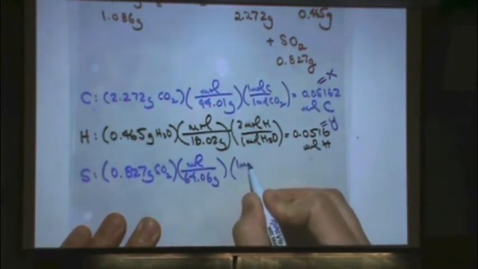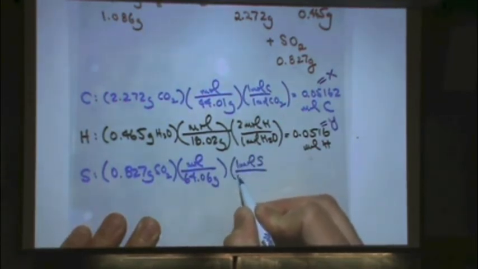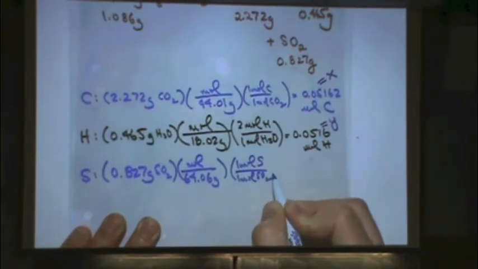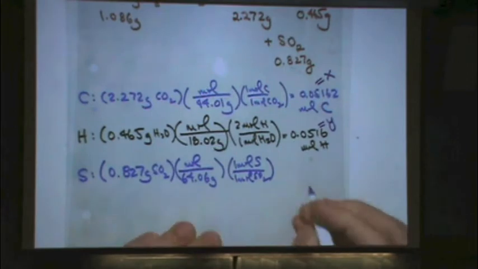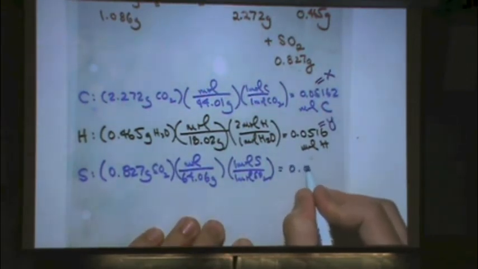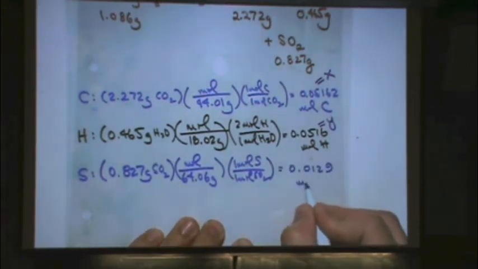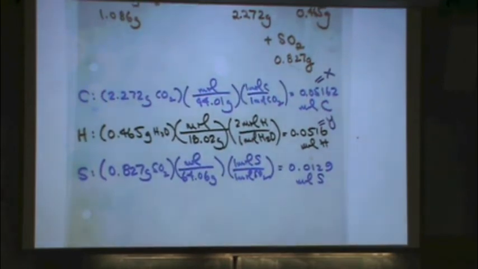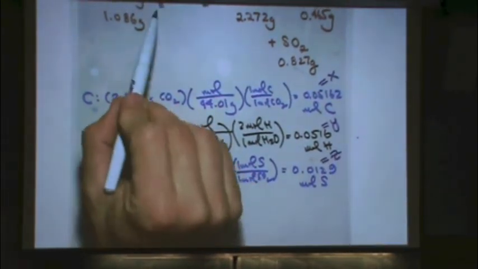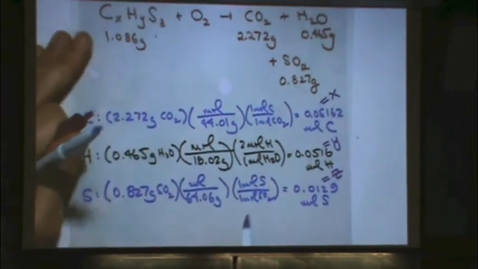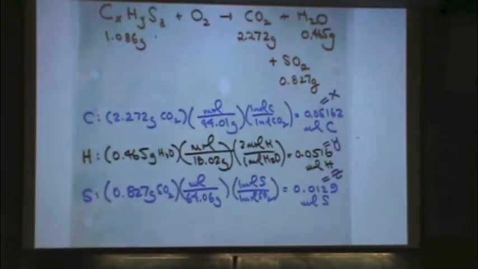And there's 1 mole of sulfur for every 1 mole of SO2, meaning there's 1 sulfur atom in every SO2 molecule. This turns out to be 0.0129 moles of sulfur. And this is z. z sulfur from the very top of the screen.